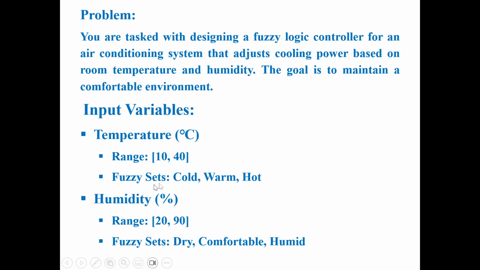For the humidity, which is measured in percentage, the range is from 20% to 90%, as you have seen here. The fuzzy sets here are dry, comfortable, and humid. That is, these are the fuzzy sets for the humidity and the fuzzy sets for the temperature.